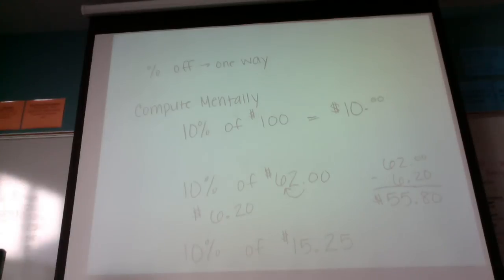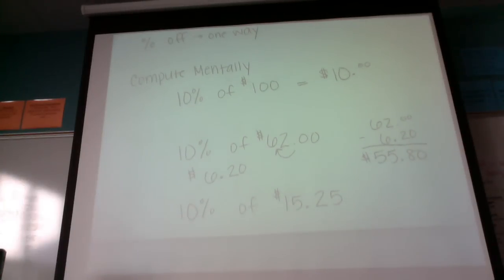Let's do another one mentally. This time 10% of $15.25. Well, we're going to move that decimal point just one spot over. So 10% is going to be about 1.525. Well, you know with money, you can't have thousandths worth of cents there. So that's where it's going to round up. We're going to round that up to be $1.53.